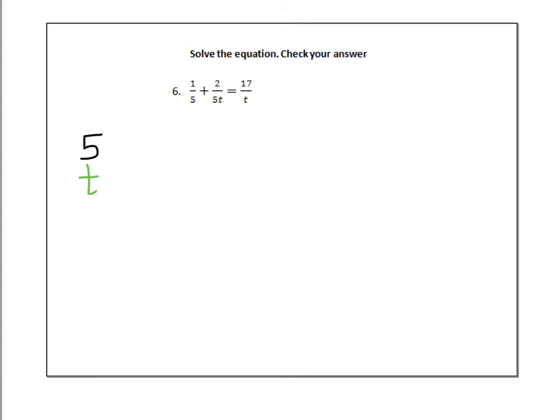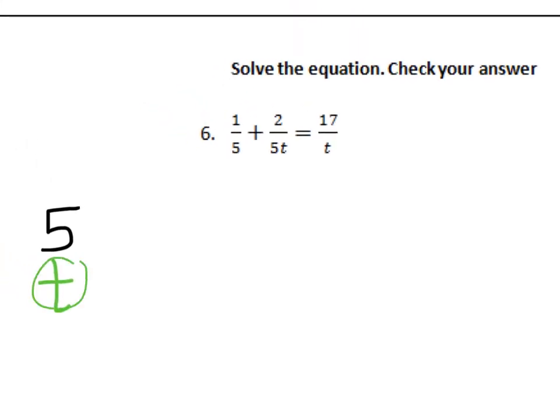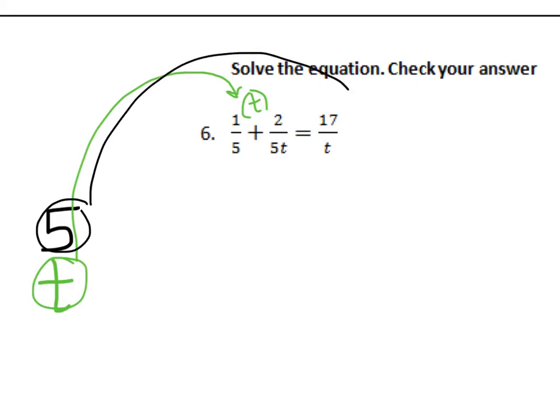So the first fraction has the 5, but needs the t. Second fraction has 5 and the t, so it doesn't need anybody. And the third fraction has t, which means it needs the 5.